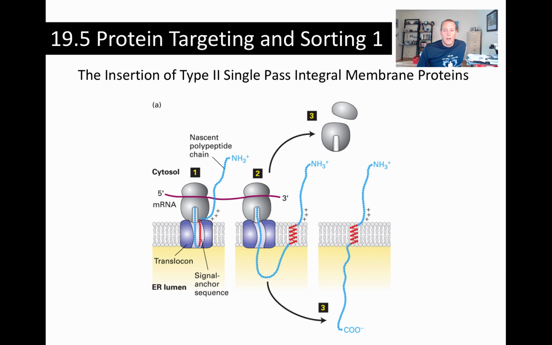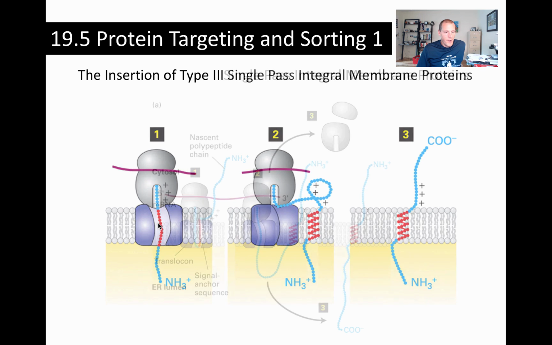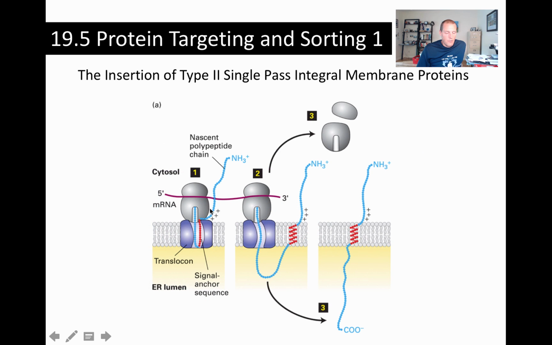So that's type 2. Type 3 is very similar to type 2, except that the positively charged amino acids are on the C-terminal side of the signal anchor sequence. If we back up, you see here this run of positively charged amino acids is on the amino side of the polypeptide chain.